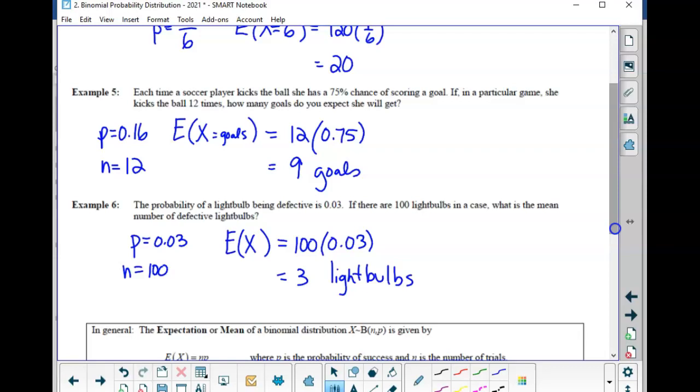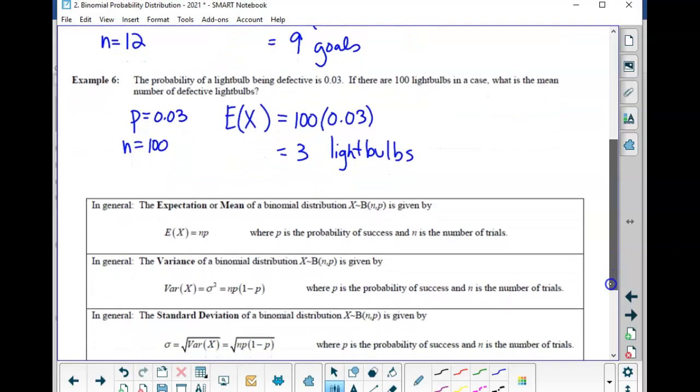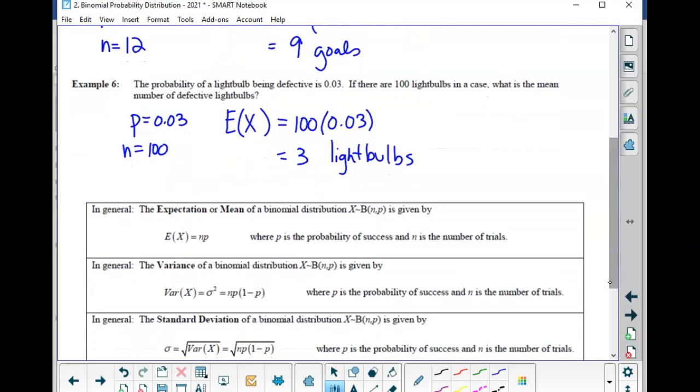On average, right? Because that's where the probability came from. If they did a huge sample and found that 0.03 of the sample, so basically 3% of the sample, was defective, then to generalize that over 100 light bulbs, it is 3% of 100 light bulbs. So that's what we've been doing here.